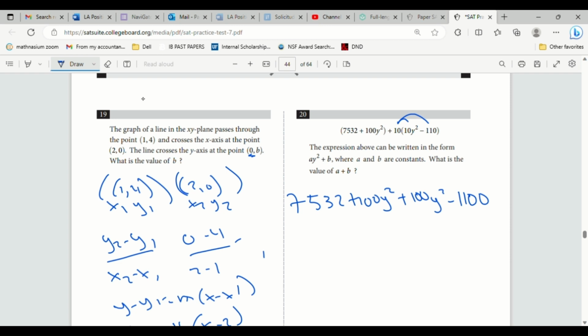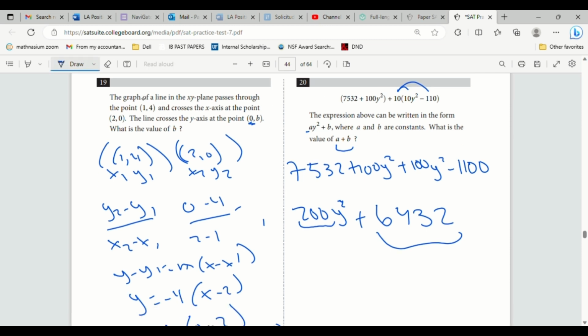Combine like terms, so we have 200y squared. We can see that a is 200 because it's next to the y squared term. And then 7,532 minus 1,100 is going to be positive 6,432. We have to add a plus b, and b is our constant. A is the 200, so that's 200 plus 6,432, or 6,632.